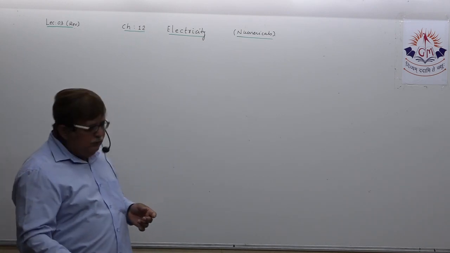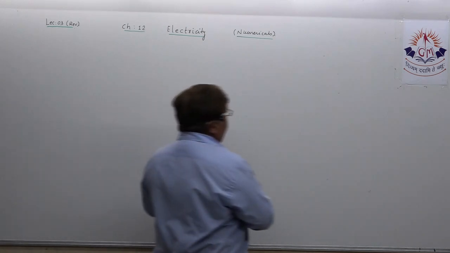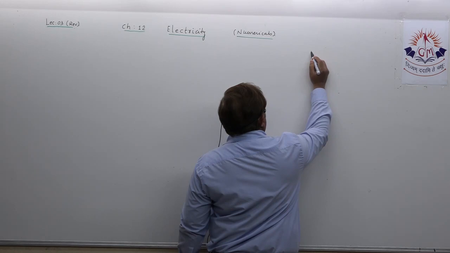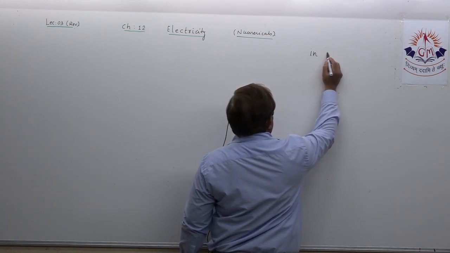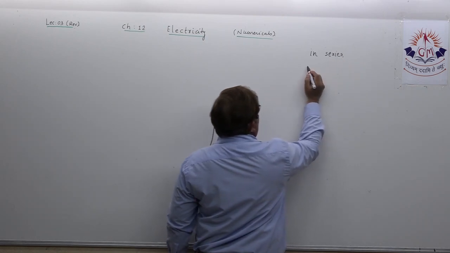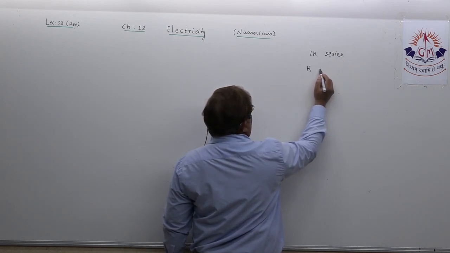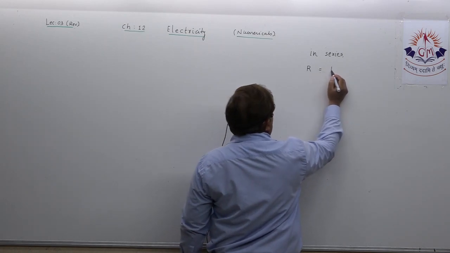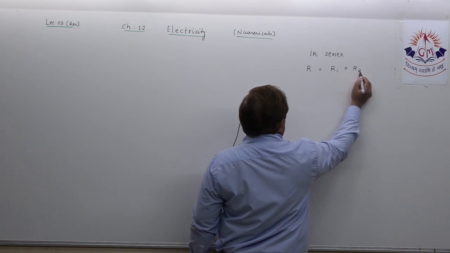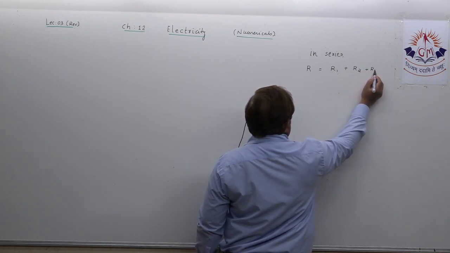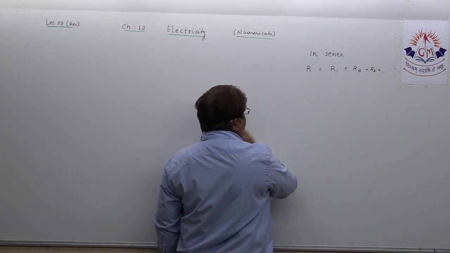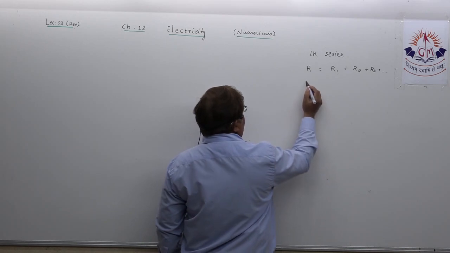For series connection, I first need to mention the formula for equivalent resistance: R equals R1 plus R2 plus R3 and so on, because it applies for innumerable resistors.